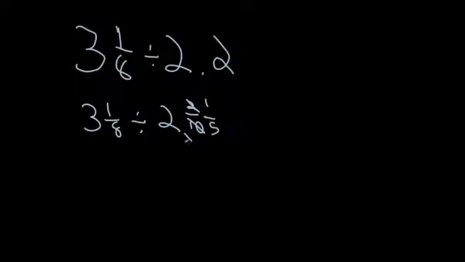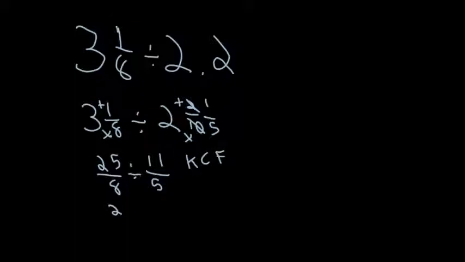So now make these improper fractions. 8 times 3 is 24, plus 1 is 25, so we have 25/8. 5 times 2 is 10, plus 1 is 11/5. Remember, when dividing fractions, we're going to keep, change, flip. So I have 25/8 times 5 over 11.